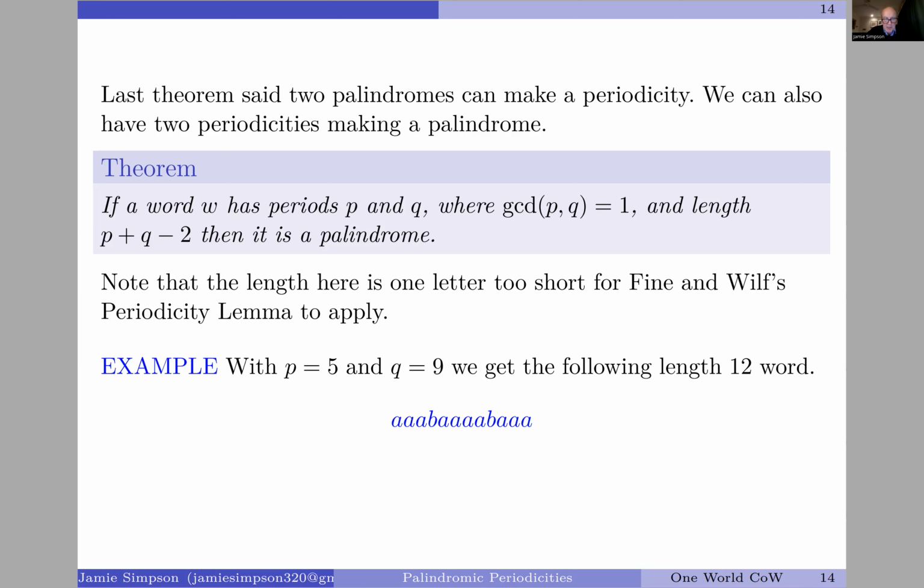And below there is an example with periods 5 and 9, giving a length of 12, which is P plus Q minus 2. So that's giving us a palindrome out of two periodicities, whereas the previous theorem gave a periodicity out of two palindromes.